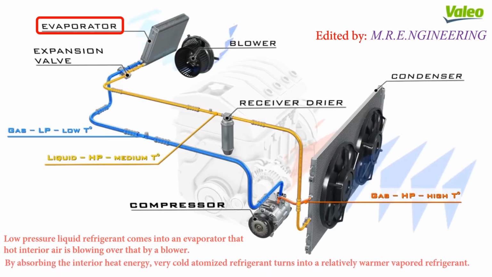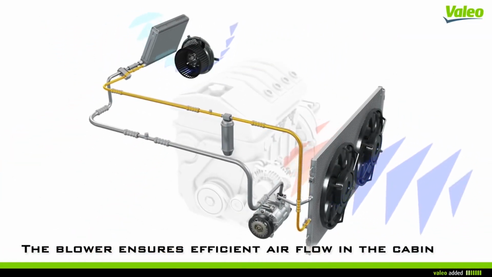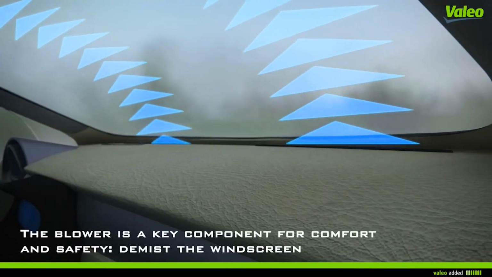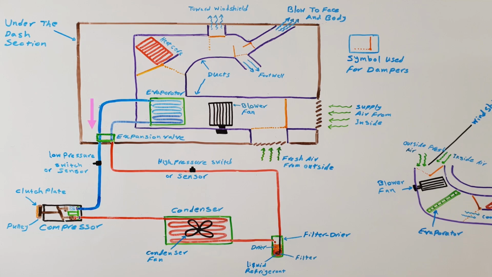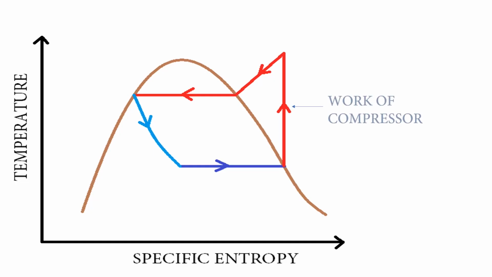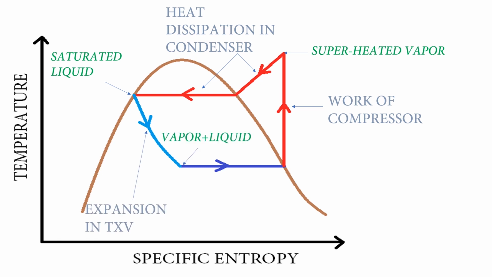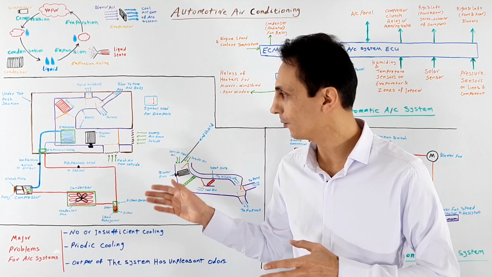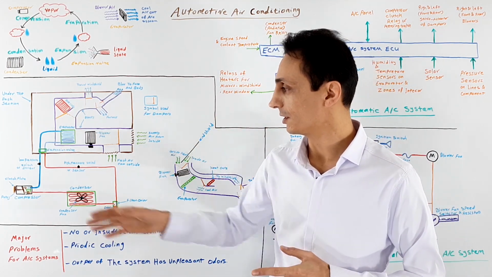So it suddenly goes into freezing temperatures, and when warm air of the interior passes over the evaporator, cool air comes out of the AC system. The refrigerant, after coming out of the evaporator, goes toward the compressor, and this process continues as long as the compressor is on. Now that you know working cycle of the system, let's talk about working principles of each component.